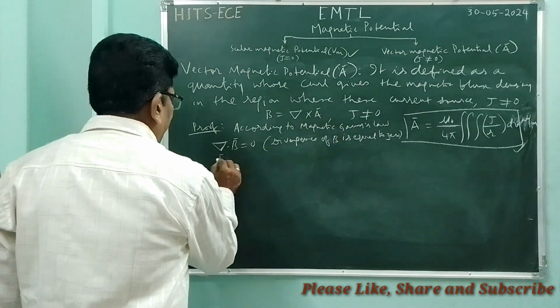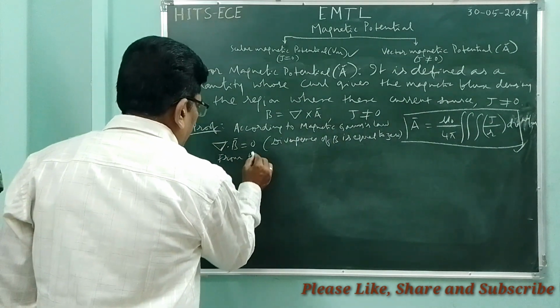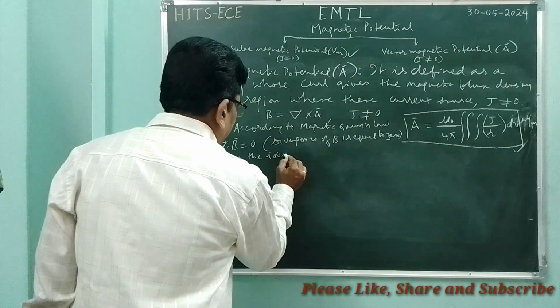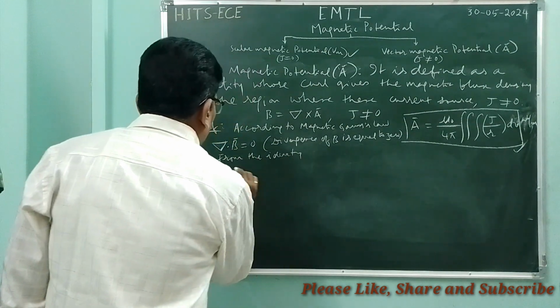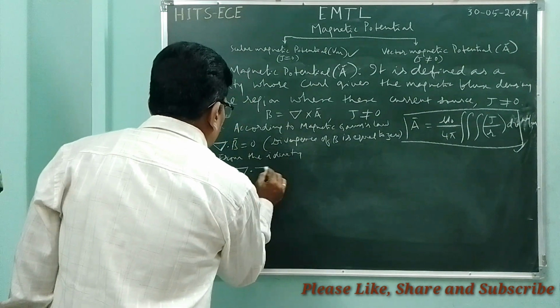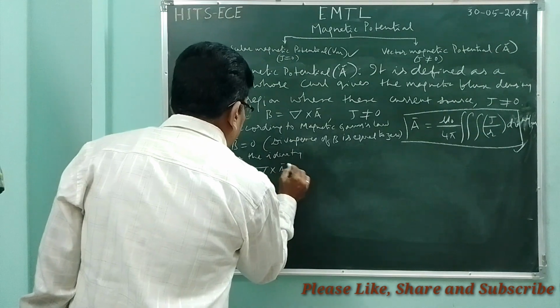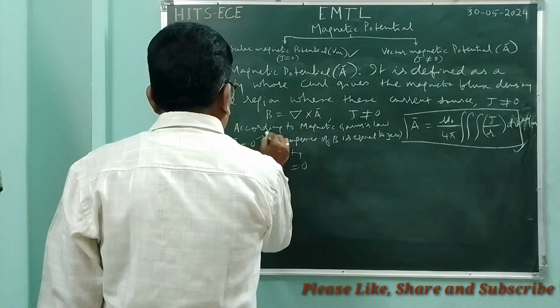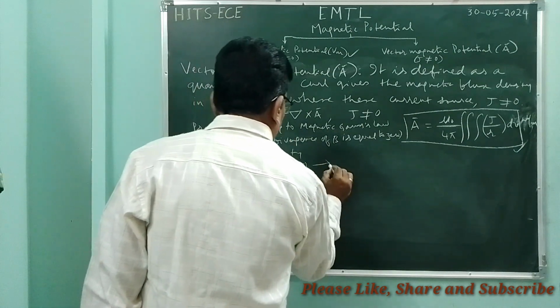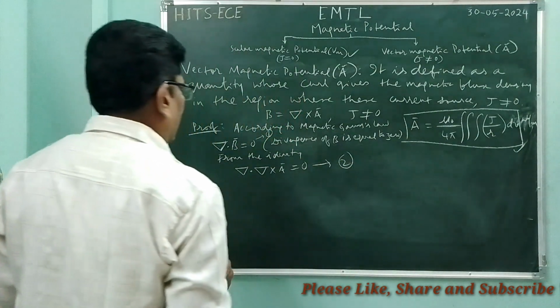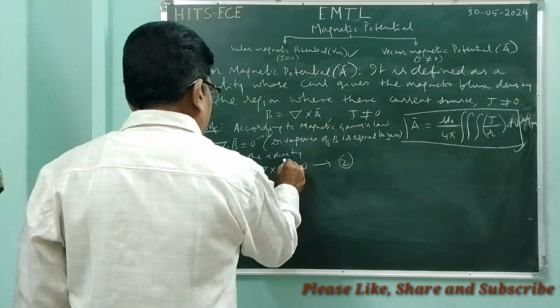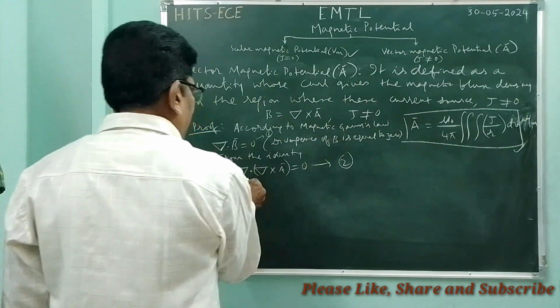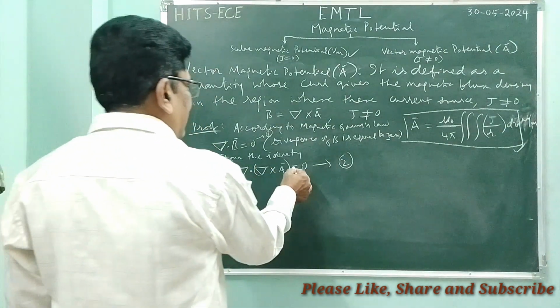From the identity, del dot del cross A is equal to 0, the divergence of curl of A is equal to 0.